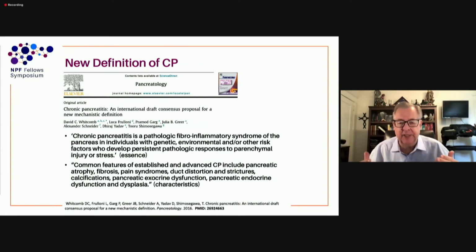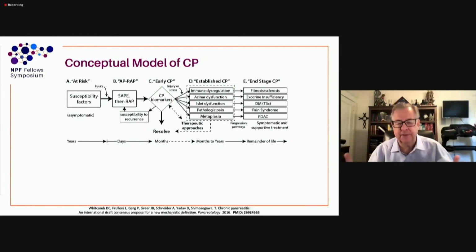It's a pathologic fibroinflammatory syndrome in individuals with genetic, environmental, and other risk factors who develop persistent pathologic response to parenchymal injury or stress. And this is very important because it allows us to distinguish true pancreatitis from other things that are not pancreatitis but have similar features.